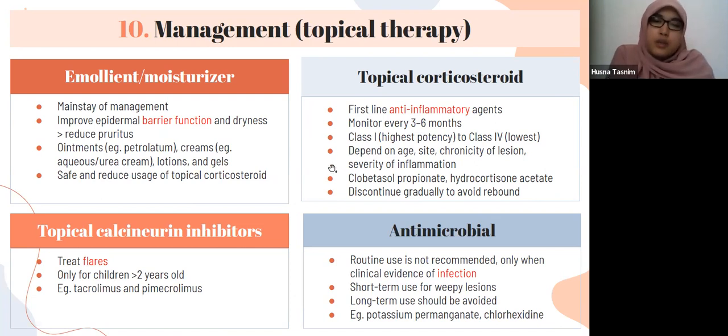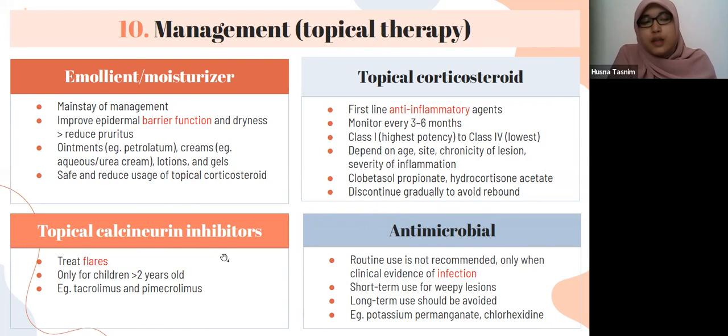So for example, we have clobetasol propionate and hydrocortisone acetate. These drugs should be discontinued gradually to avoid rebound. For example, twice daily and then once daily and then 1 to 3 times per week before the complete discontinuation.